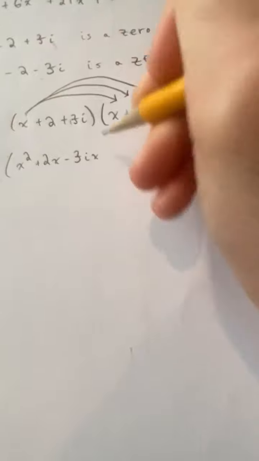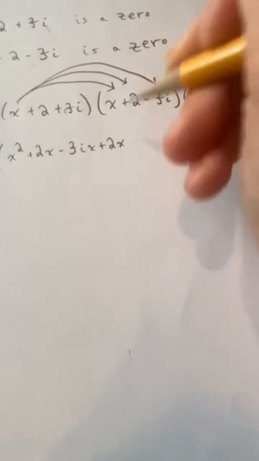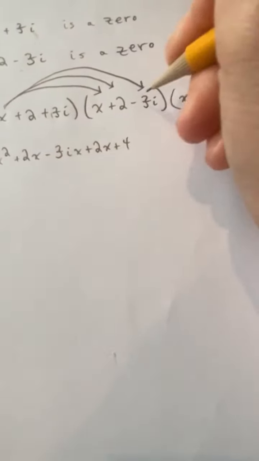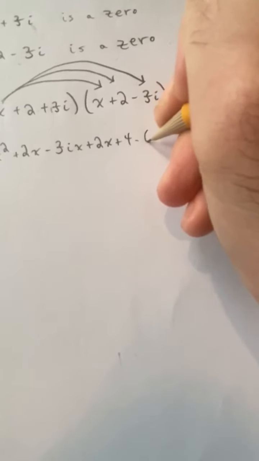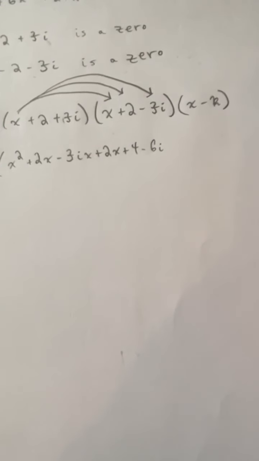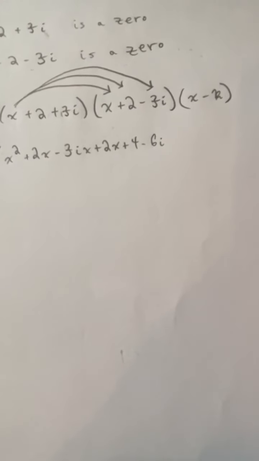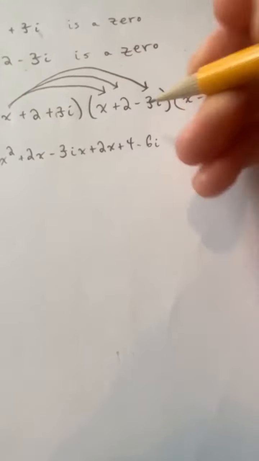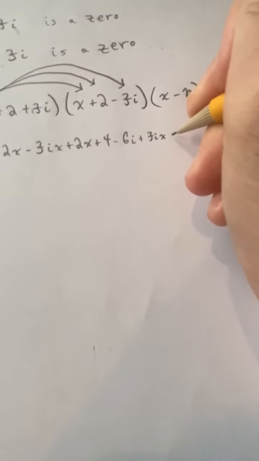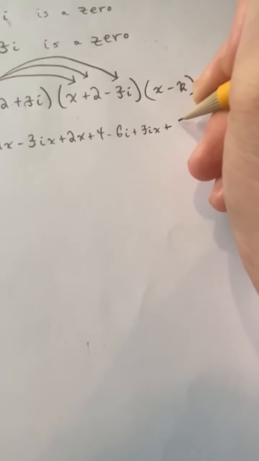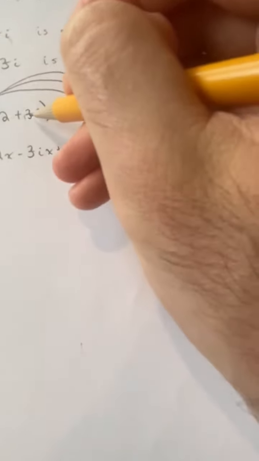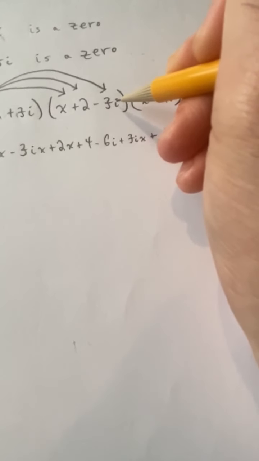Then we do the same thing with the 2, so we have plus 2x, plus 4, minus 6i. And then we have plus 3ix, plus 6i, and then finally we have 3i times -3i.